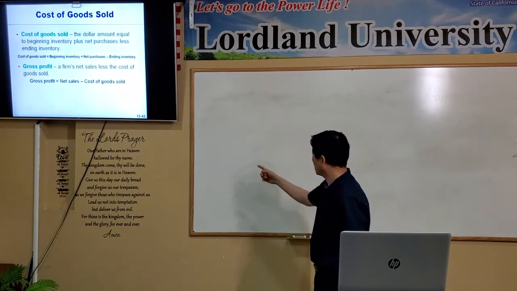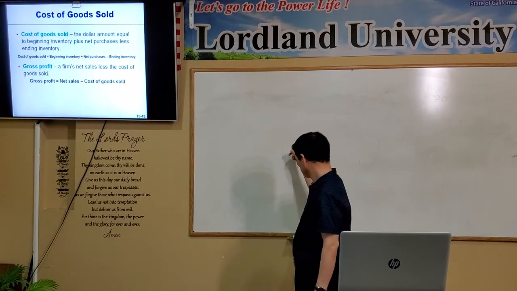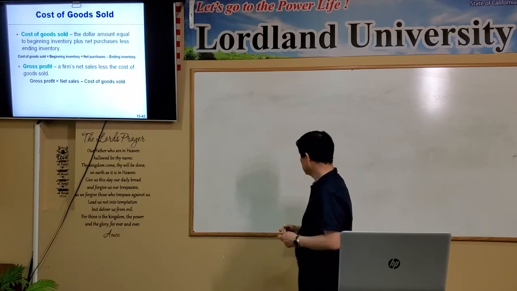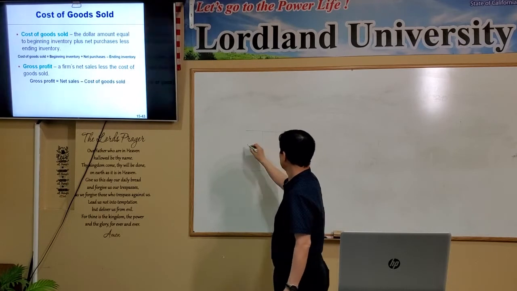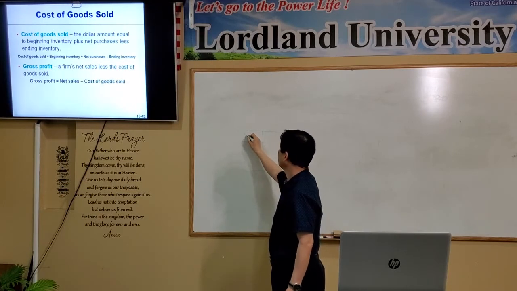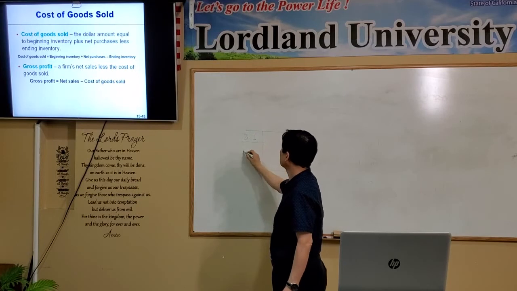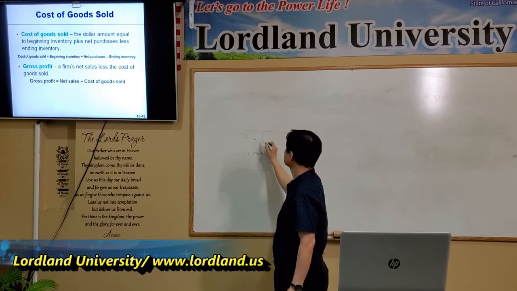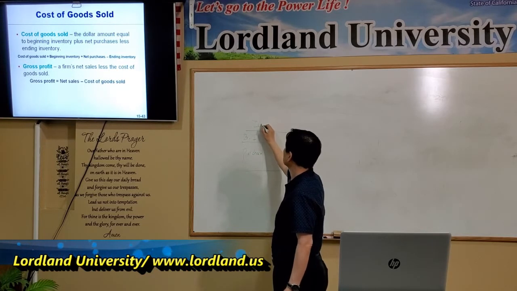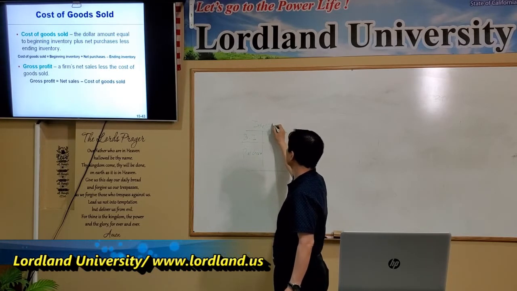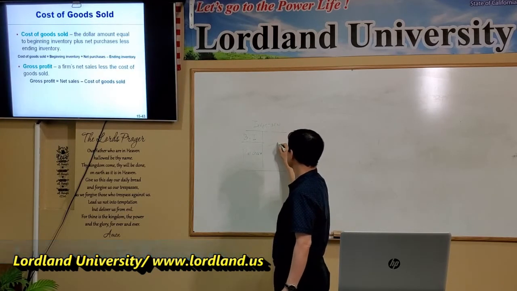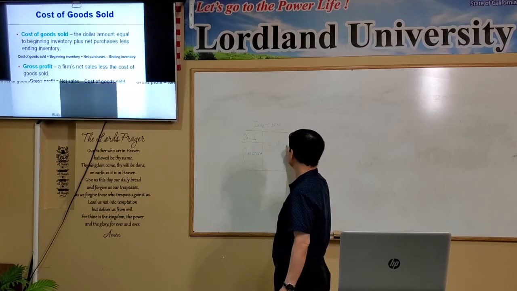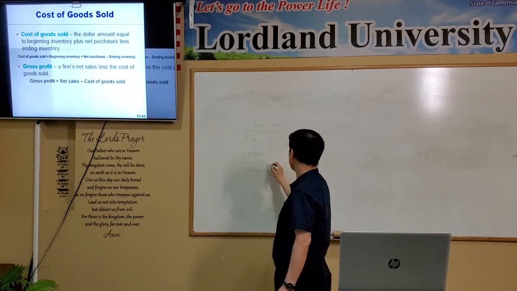If you have time, look at beginning inventory, purchases, this is the inventory ledger, the cost of goods sold, and ending inventory.